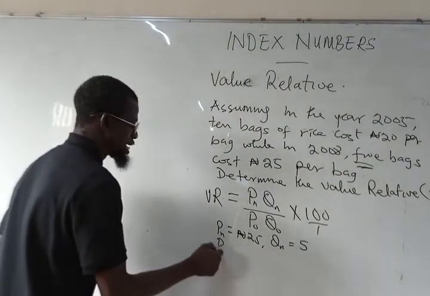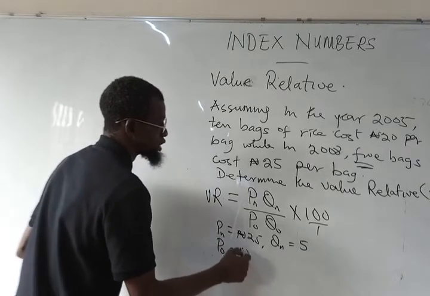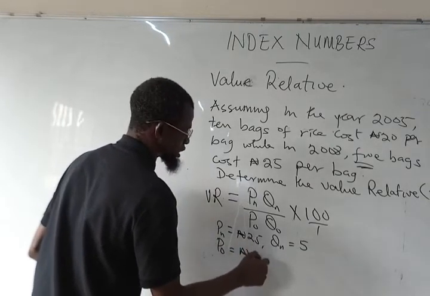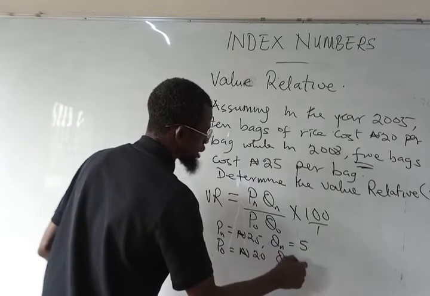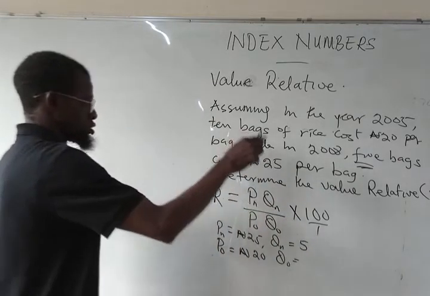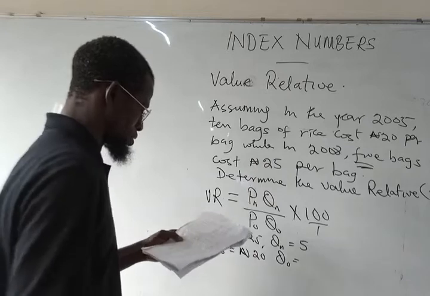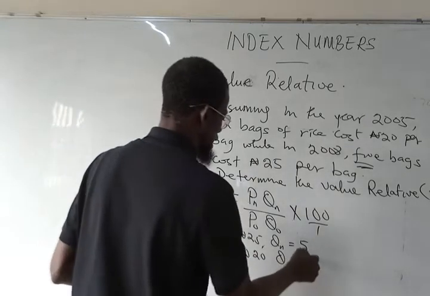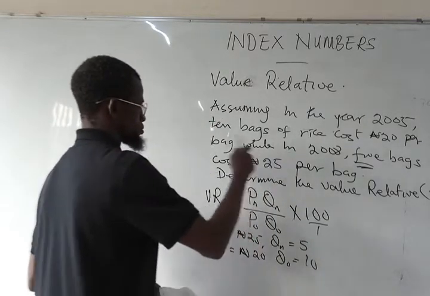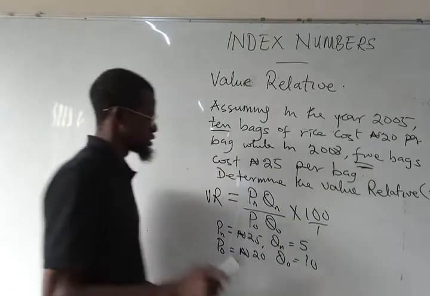Likewise, we have our P0 at that time is 20 naira, and our Q0 is what? How many bags did we buy that time? We have 10. So you can see, we have 10.